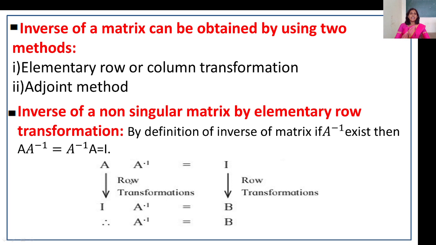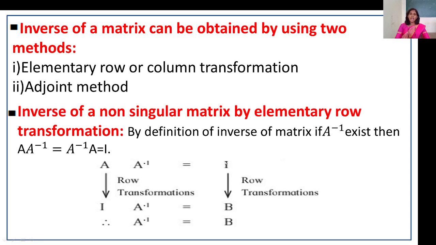Then using elementary row transformation, we convert this matrix A into the identity matrix, and this A inverse as it is. We apply the transformations on the LHS as well as the RHS. To maintain equality, we apply the row transformation on the identity matrix as well.